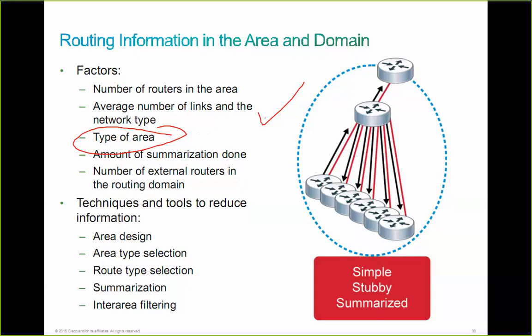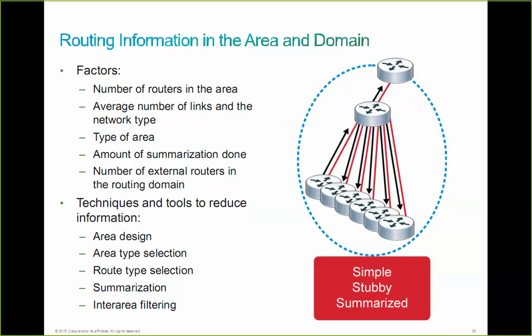All right? But we're already kind of seeing some of the similar concepts with OSPF that we saw with EIGRP. Summarization, the number of external routes, the number of links, the number of neighbors, all of these things influence the overall scalability and stability of OSPF. Now, what does the number of routers have to do with it?